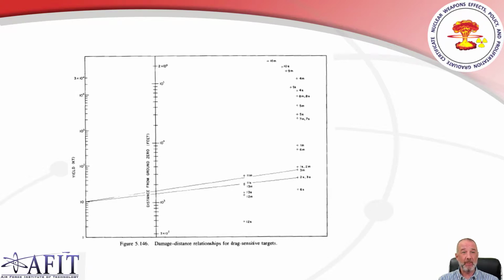And that wraps up this whole section on blast and shock. So hopefully the takeaways that you got is that the blast component of a nuclear weapon detonation is complex, and it depends very heavily on the propagation through whatever atmosphere it happens to be in.